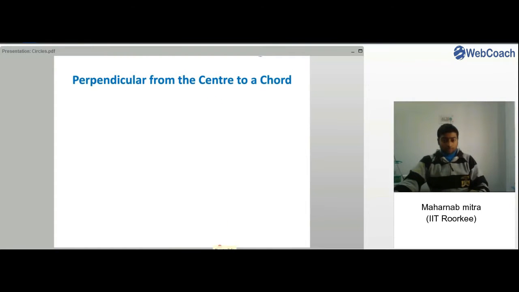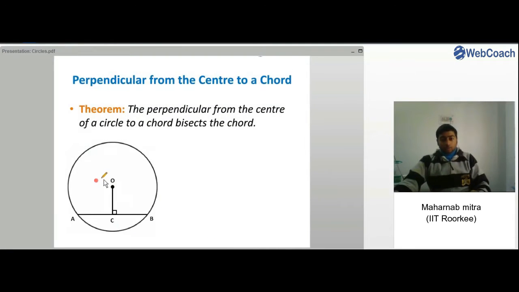perpendicular from the center to a chord. You can see we have drawn a perpendicular to the chord AB. So OC we have drawn as a perpendicular to the chord AB.